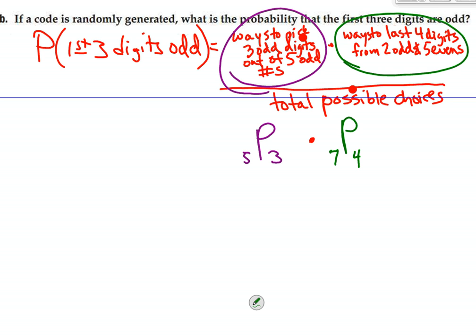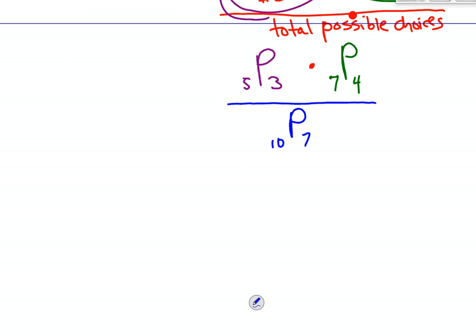I almost forgot. And then that's over my total possible choices, which was 604,800. And I'm going to write that as a permutation, because just remember that was the permutations of 10 things, choosing them 7 at a time, even though we know what that number is.